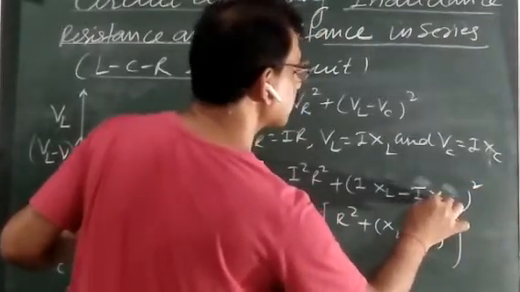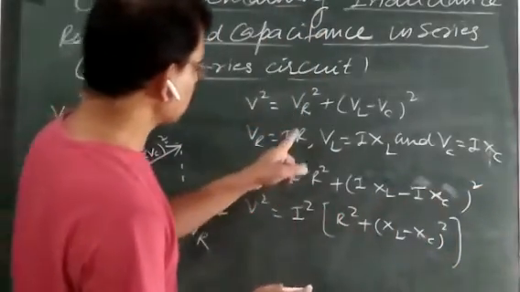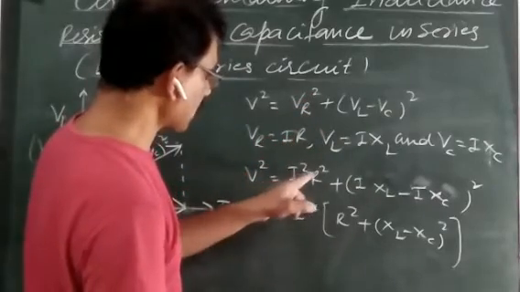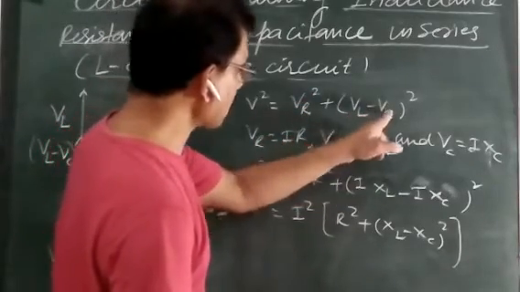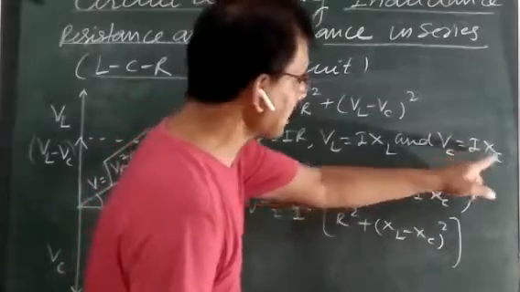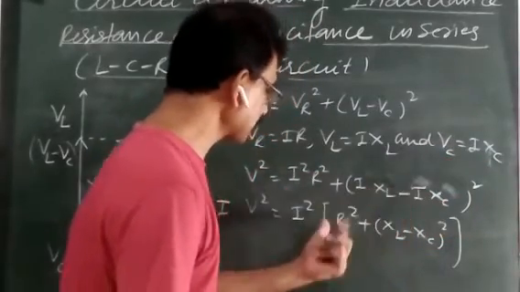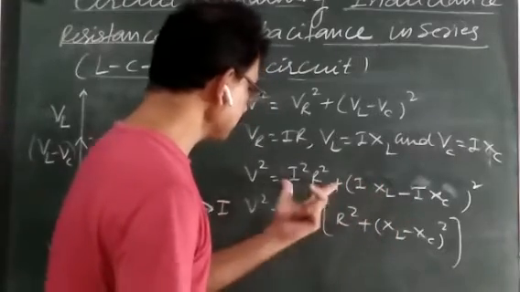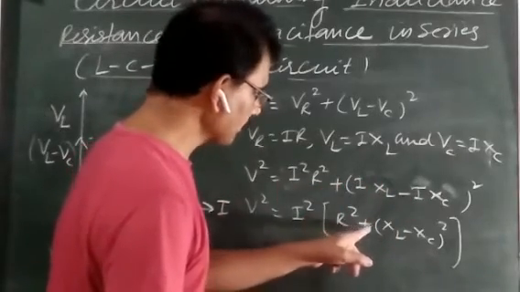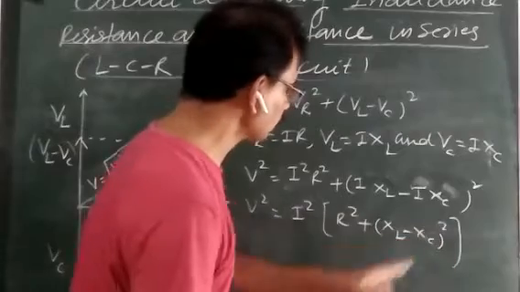So VR square is I square R square plus VL minus VC means IXL minus IXC whole square. और यहाँ से I square बाहर ले लीजिए, तो यहाँ मिल जाएगा R square plus XL minus XC whole square.